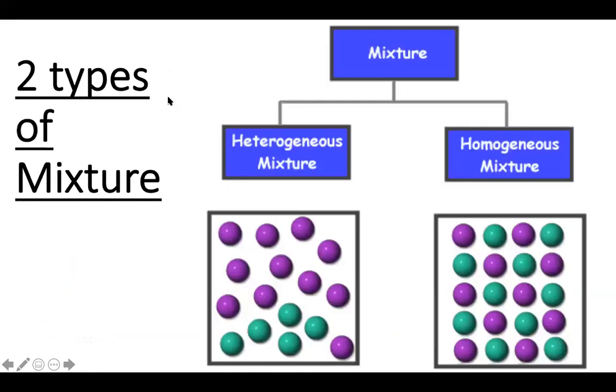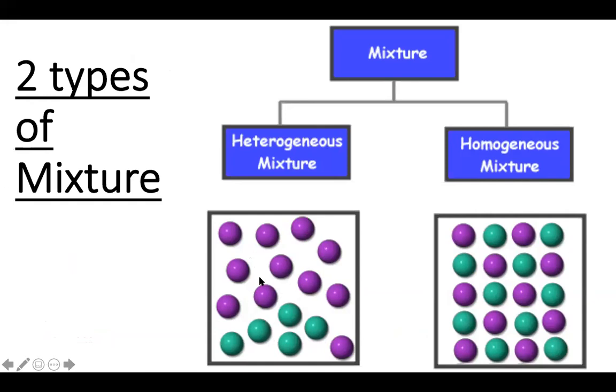Okay, so there are two types of mixture out there. You can see here, the first one is called heterogeneous mixture, and here you can see what heterogeneous looks like. Homogeneous mixture, again, this is homogeneous mixture. Pretty much the definition of them is this. Heterogeneous means they are different.